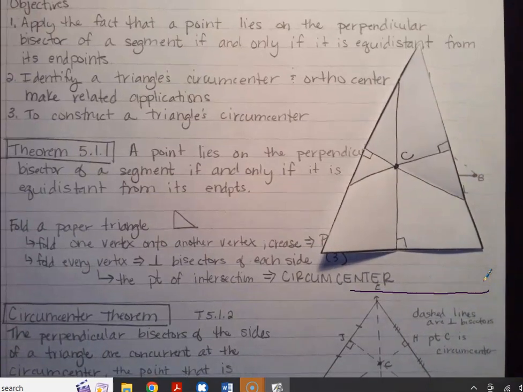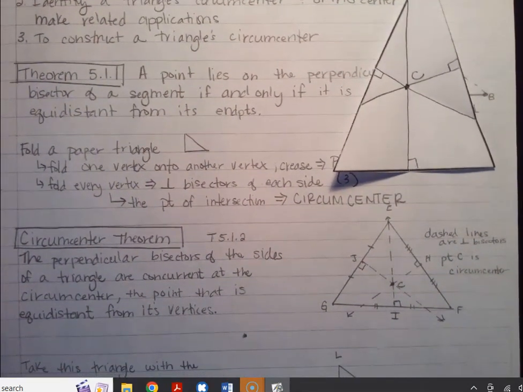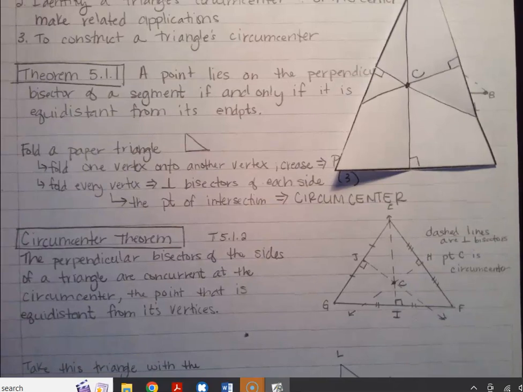Now we have the circumcenter theorem. This theorem says the perpendicular bisectors of the sides of a triangle are concurrent. That just means intersecting at the circumcenter, the point that is equidistant from its vertices.